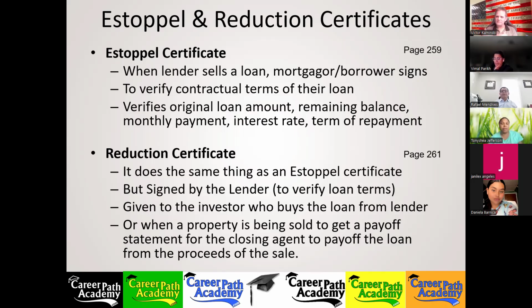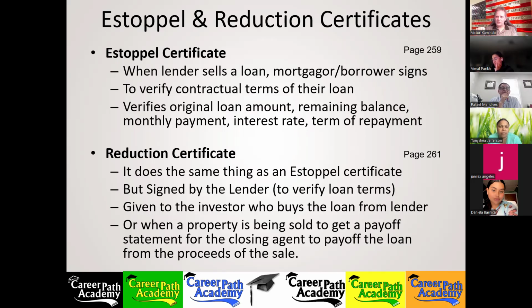Pretty basic concept here. So now that we understand that, what is an estoppel certificate? Well, when the lender sells your loan to an investor, that investor is going to want the borrower, the one who took out the loan, to confirm what the bank is trying to sell them.